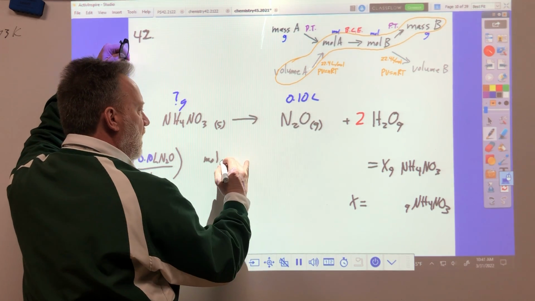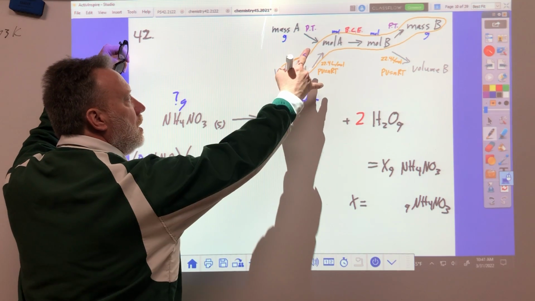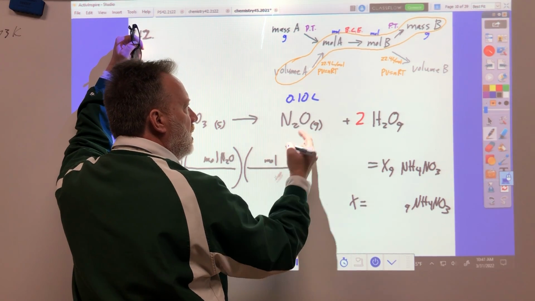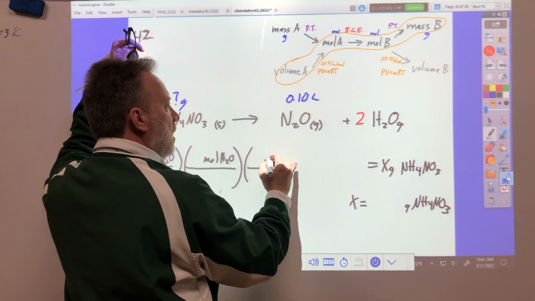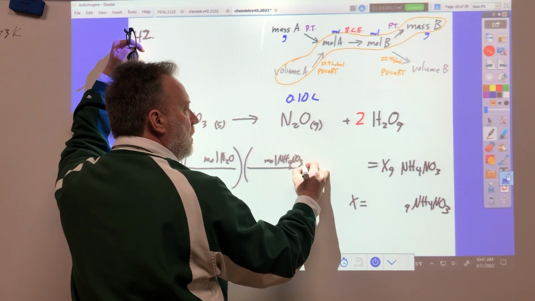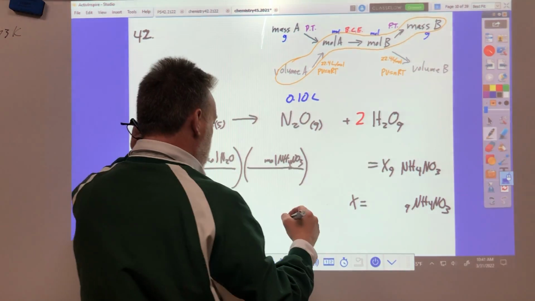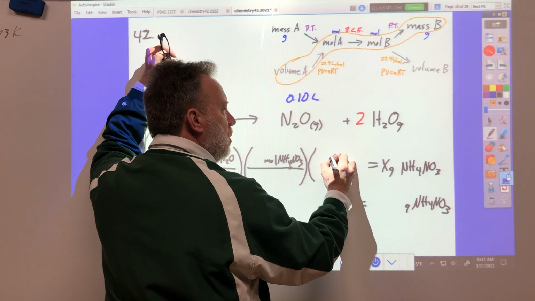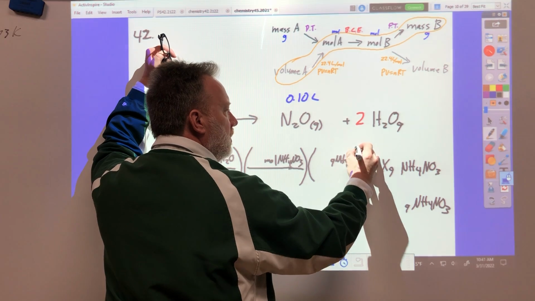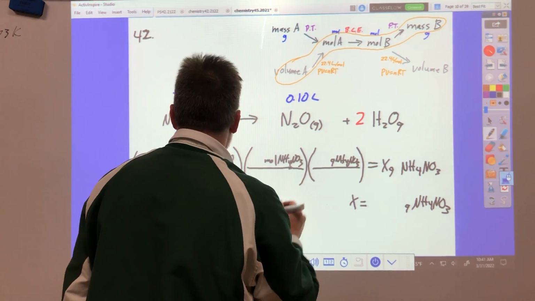N2O is playing the role of A. To moles to B. Moles, and this time NH4NO3 is playing the role of B. And then moles to grams, NH4NO3. Okay, this goes here, this goes here, this goes here.